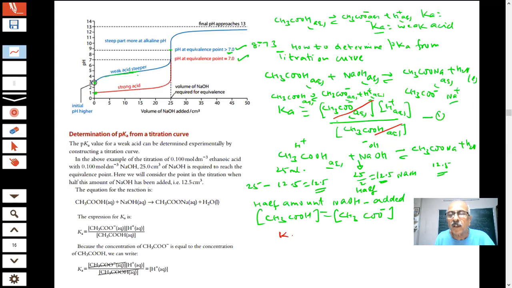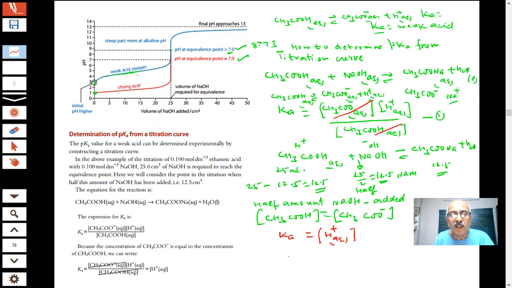Then what is Ka left? Then Ka for this becomes equal to H plus. Ka is equal to H plus at this point.